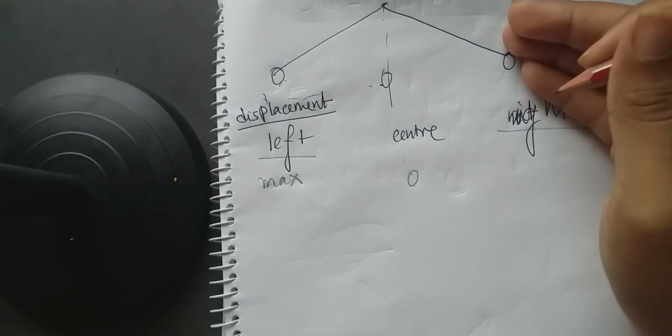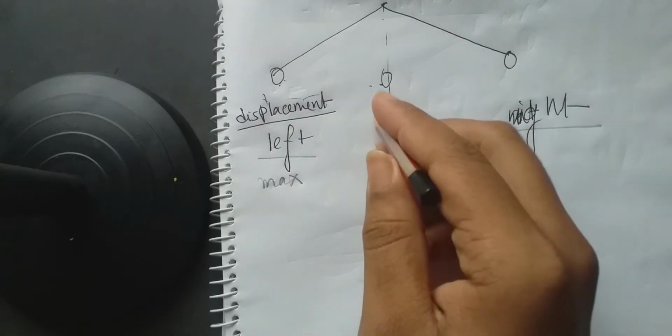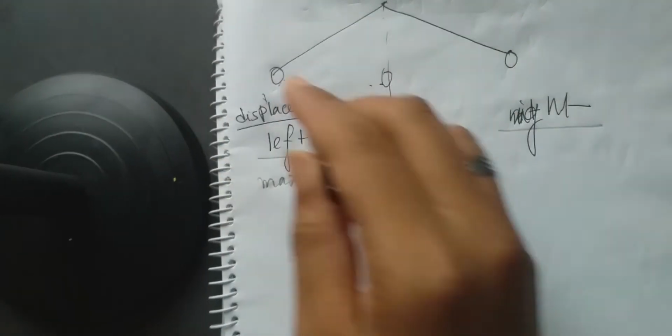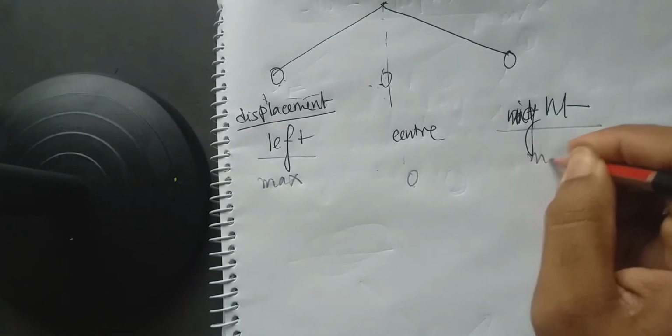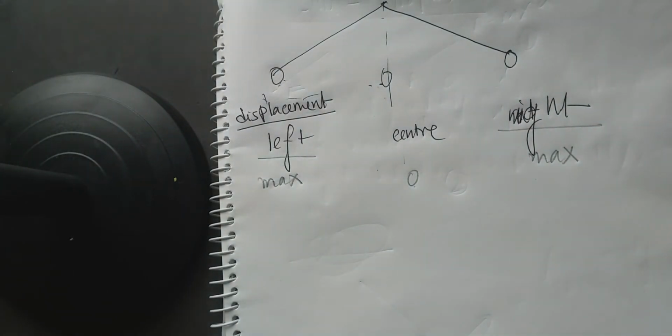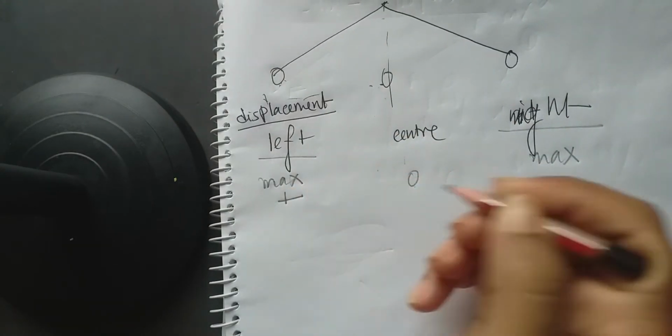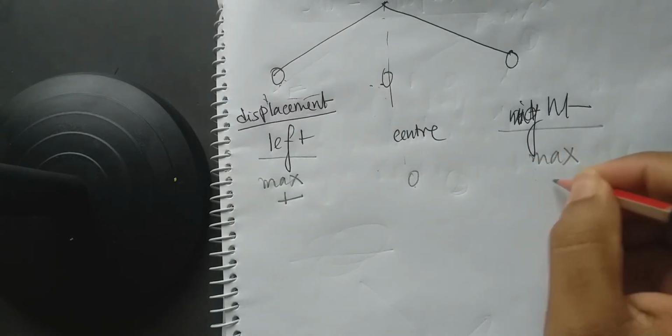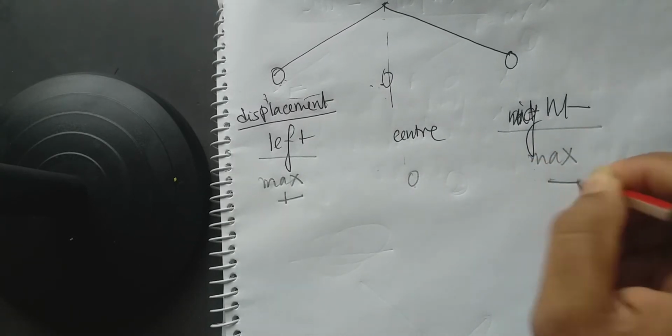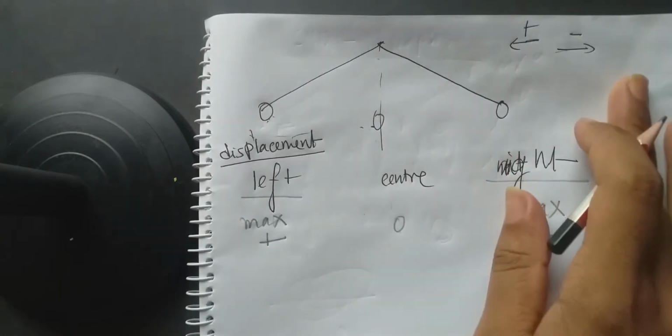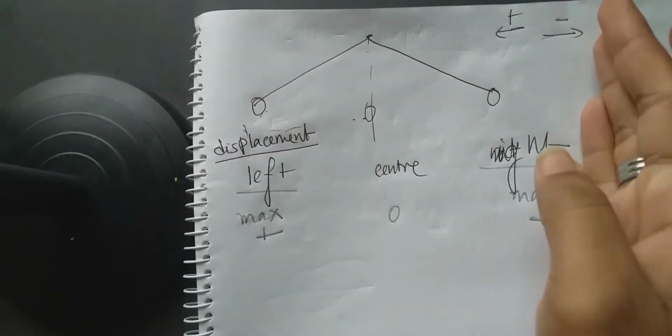Sorry, it's maximum. So from the equilibrium position, at both sides it's maximum. But if we consider the direction, we can write it's maximum at the positive side, and this is maximum at the negative side. As I said earlier, let's consider this side to be positive and that side to be negative.